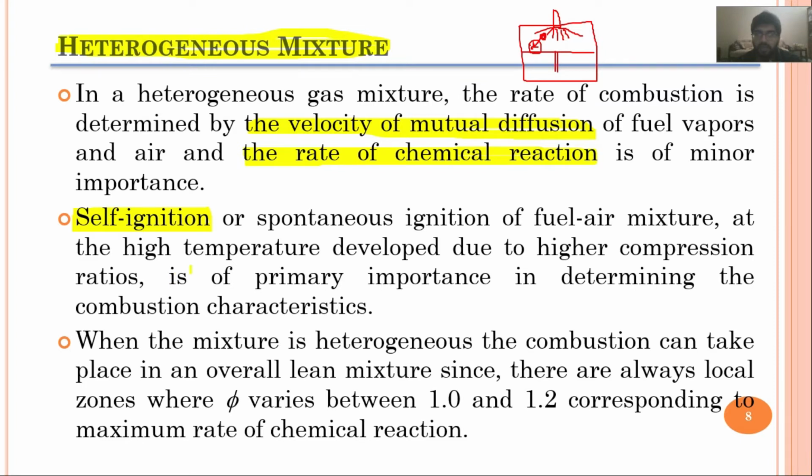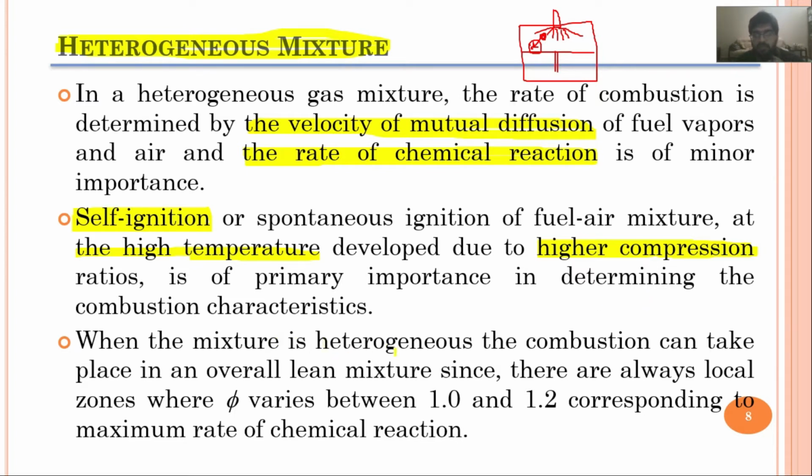The higher the temperature, the greater the chances of combustion. So higher temperatures are developed because of the compression ratio, and this compression ratio is of primary importance in combusting the fuel in CI engines.